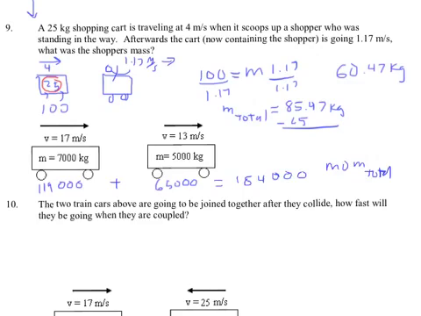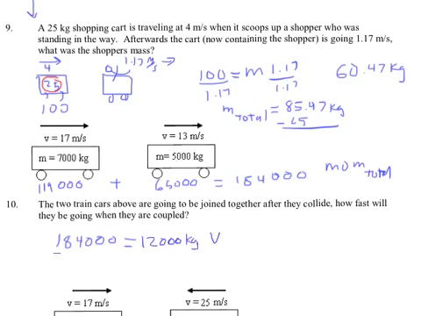So let's see what we're trying to find. We're trying to find how fast they will be going when they're joined together. So afterwards they're going to have this much momentum. 184,000 units of momentum equals the total mass, which I know to be 7,000 plus 5,000, that's 12,000 kilograms, times V total.